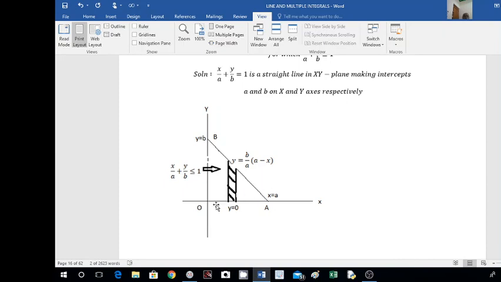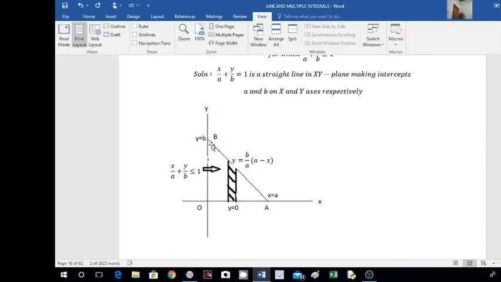What about x here? x ranges from 0 to this point here. At this point x = 0, and at this point x = a. So I take a strip, start from this point, and move the strip towards this side.